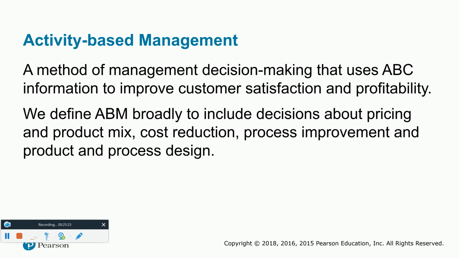Activity-based management includes decisions about the pricing and the product mix, cost reductions, process improvement, product and process design. Certainly, if we allocate cost in an activity-based costing manner, we should be able to better manage all of these decisions.